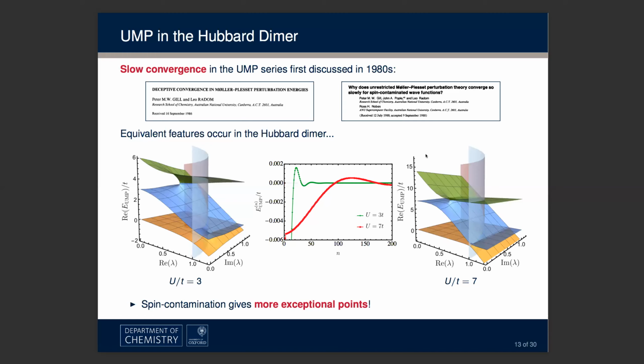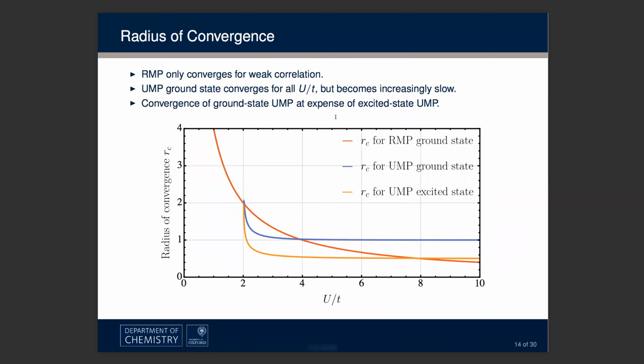And indeed, we can look at the radius of convergence for each of the different states simply as a function of u over t, and we see exactly what I've just described, where the ground state is always convergent, and the excited state is usually divergent. And what we can think of is that by breaking the symmetry, we sacrifice excited state convergence to improve ground state convergence.